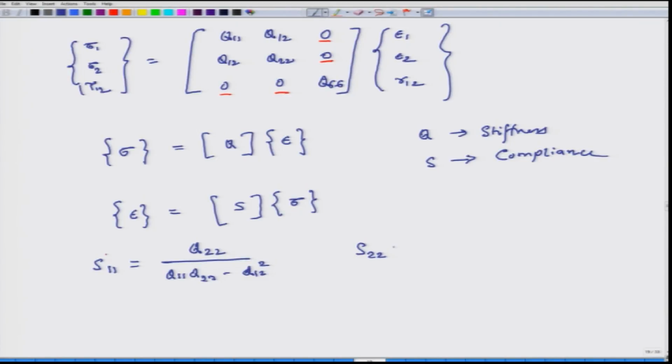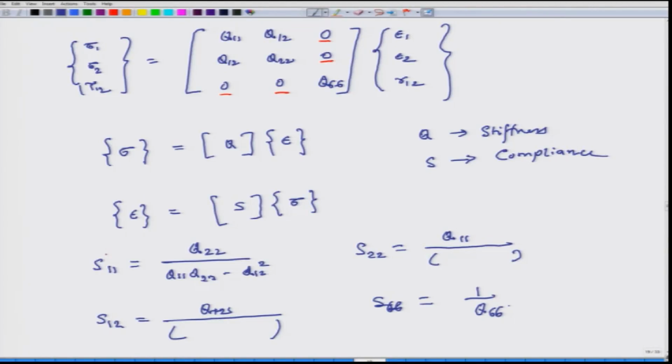S22 equals Q11 divided by the same denominator, and S12 equals minus Q12 divided by the same denominator, and then finally S66 is equal to 1 over Q66. And then once again Q16, S16, S26 are 0 in the compliance matrix as well.